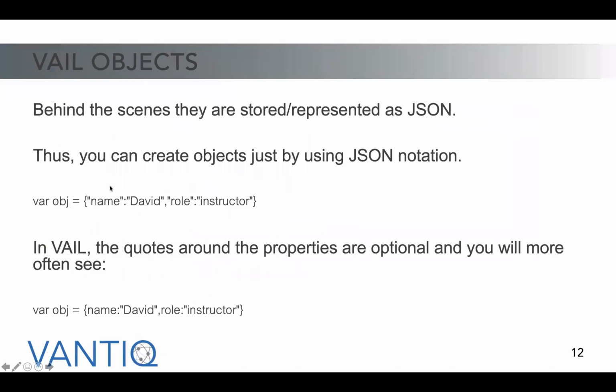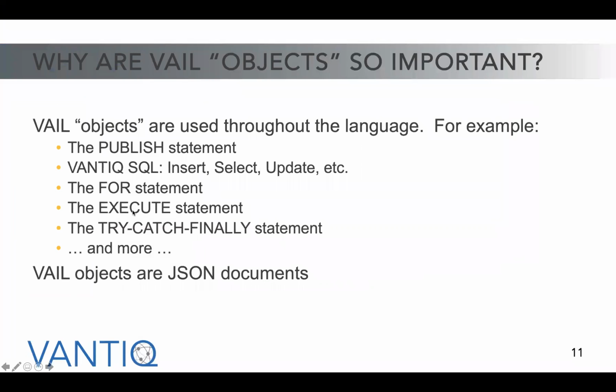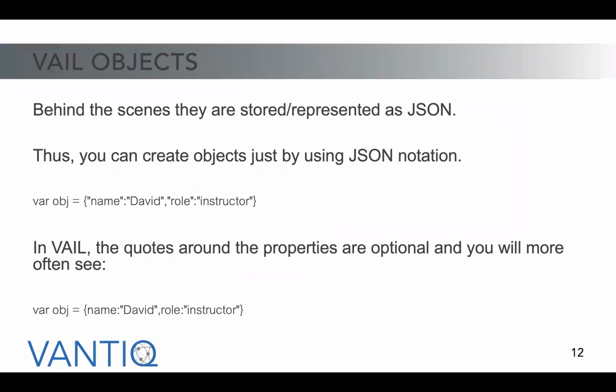You have like for, you have execute, you have try, catch, finally, and other type of operations that will always use an object. Behind the scenes, these are all stored and represented as JSON inside our MongoDB. We don't offer direct access to MongoDB.